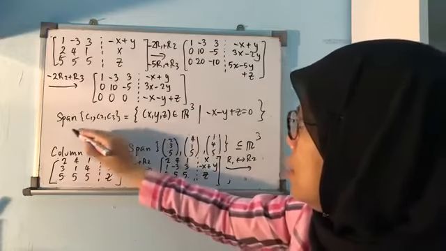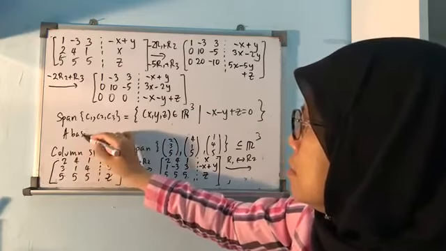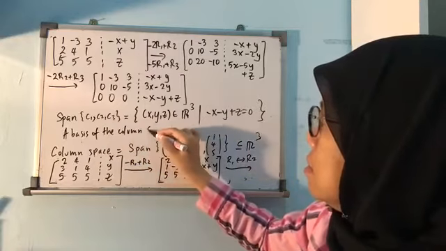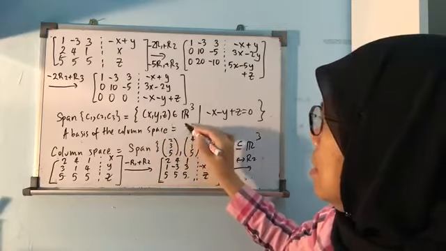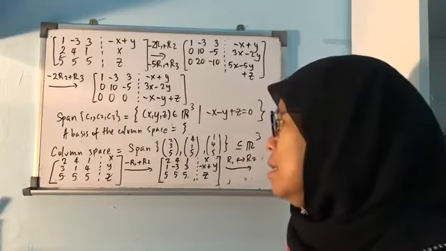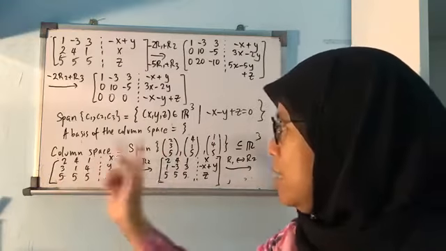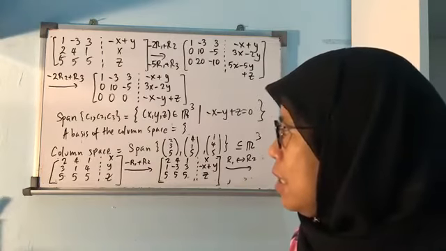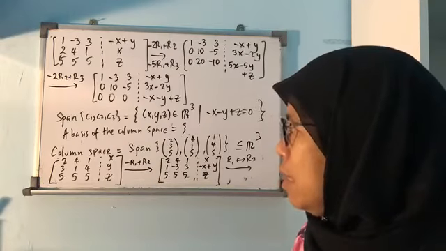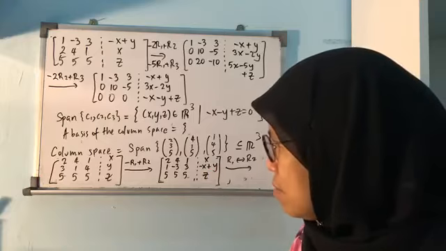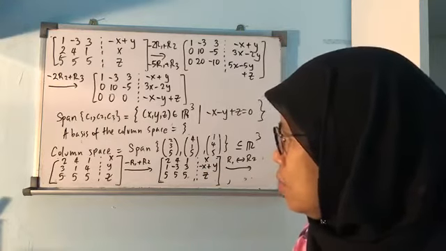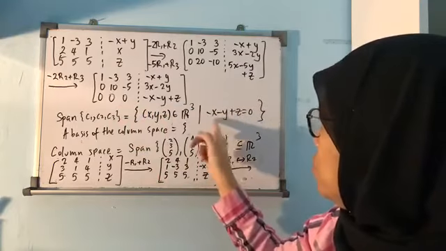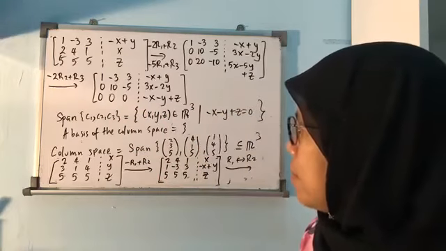So the basis of the column space, actually you can take any two to be the basis, because they are not a multiple of the other one. Definitely one is out because you only have two free variables.